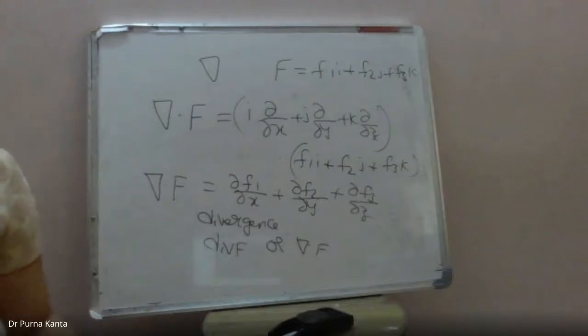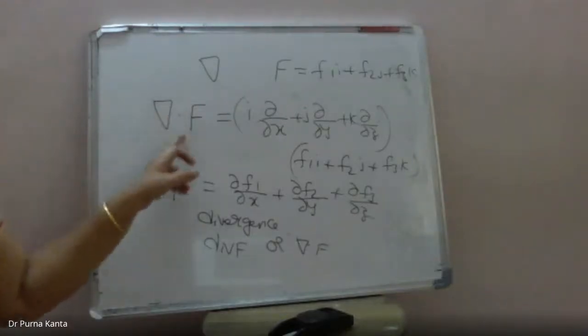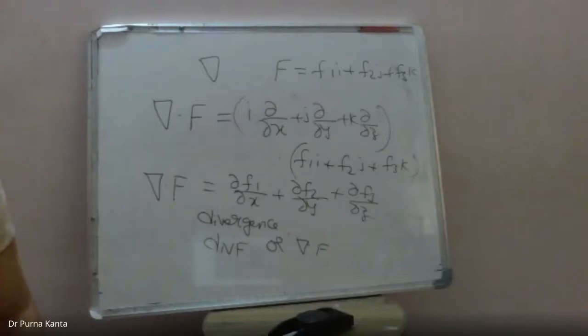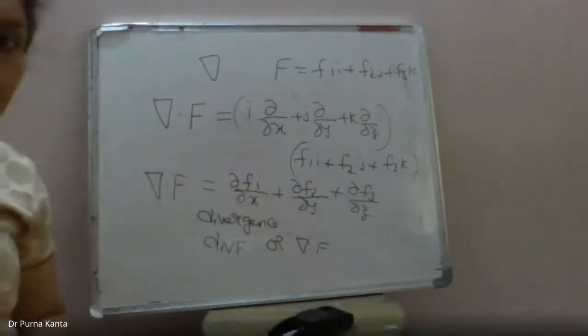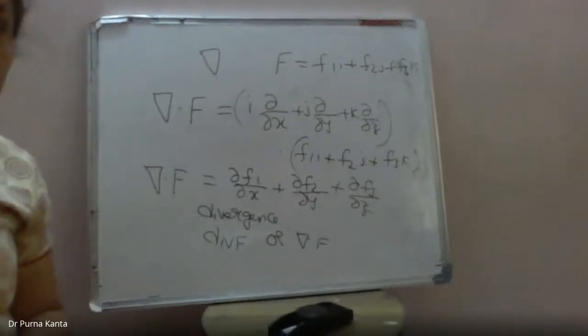If f is equal to f1i plus f2j plus f3k, then del dot f is equal to, this is del operator applied on f. Capital F is f1i plus f2j plus f3k.